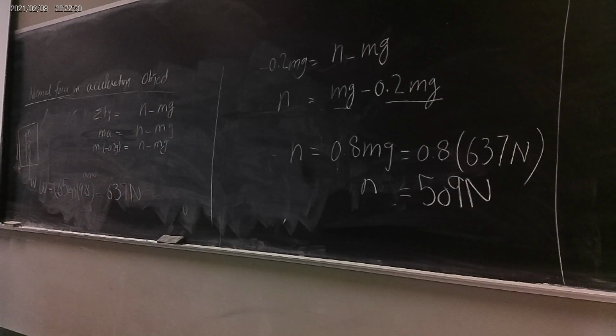If the question asks you what's the apparent weight, it's asking you for the normal force. If the question asks what the scale reads, it's asking you for the normal force. The question can also ask you directly what would be the normal force when she is accelerating downward. Yes? 1 minus 0.2.